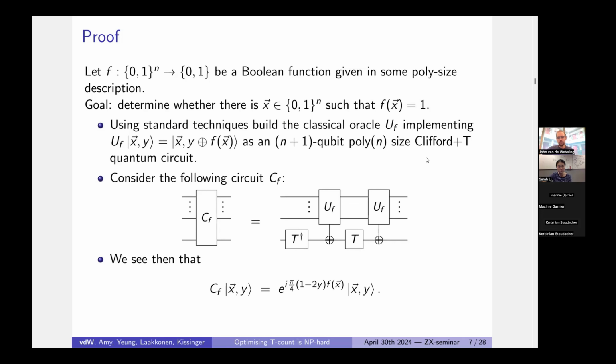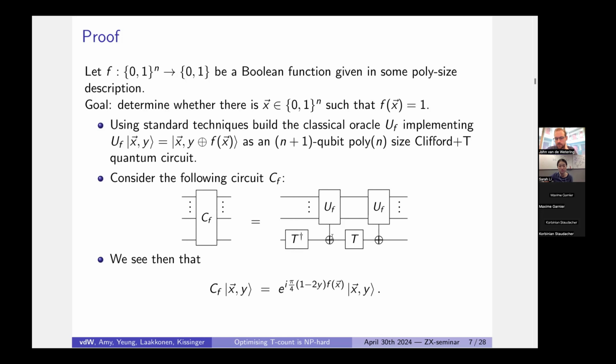Then, using this U_f, we construct this circuit C_f, which does the following. We do a T dagger, and then we do this U_f with the target on this bottom qubit. We do another T gate, and then another U_f. We can see that if we input some bit string x on the top wires such that f is false, then this bottom qubit does not fire.